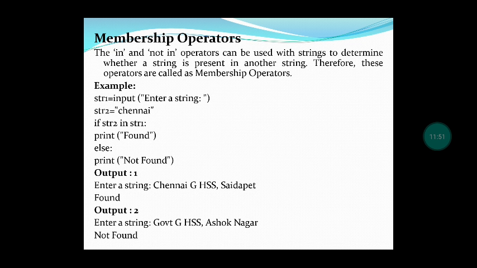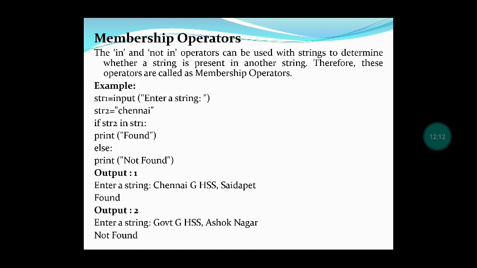In this example, we have used the in operator. First line of this example, string1 equal to input of enter a string is given. So it is getting the input from the user. See the output 1. Chennai GHSS Saidapet has been given. So this is the input we have given.